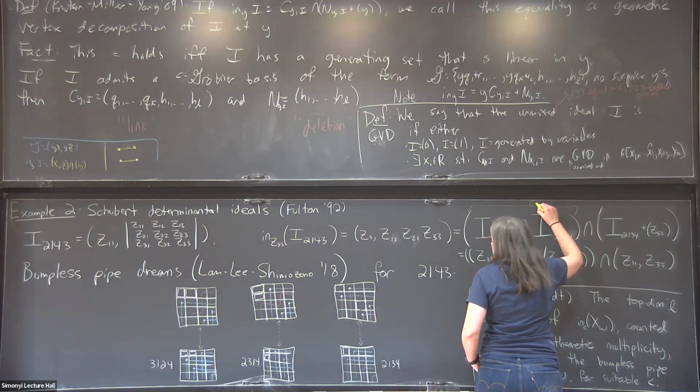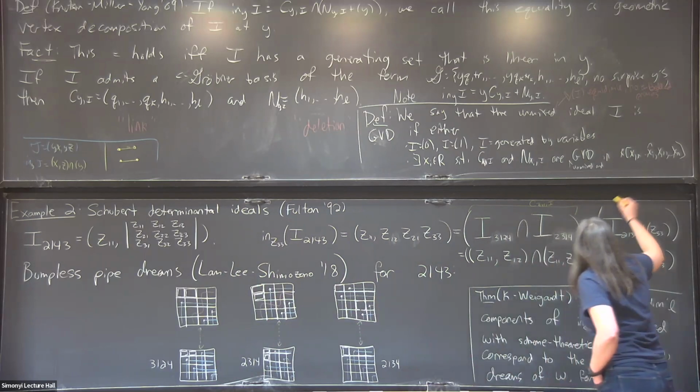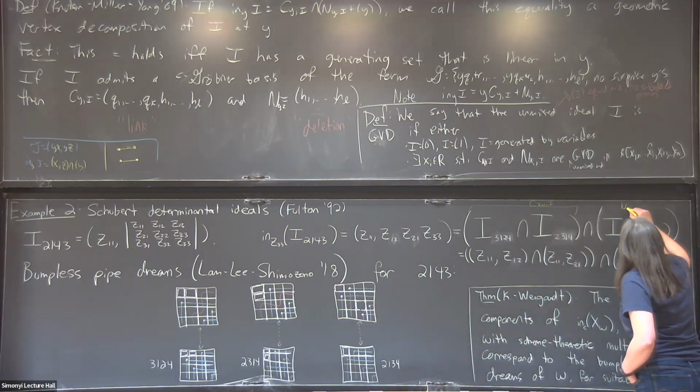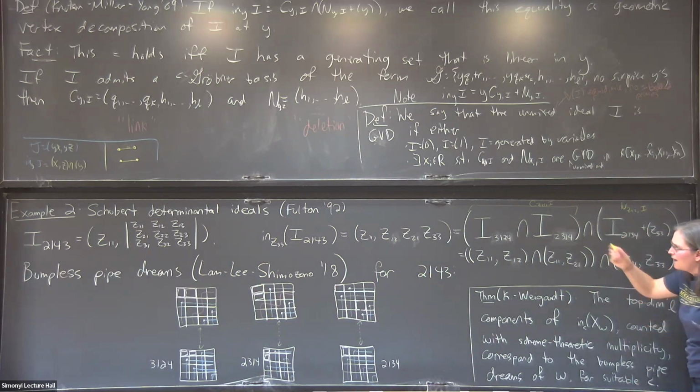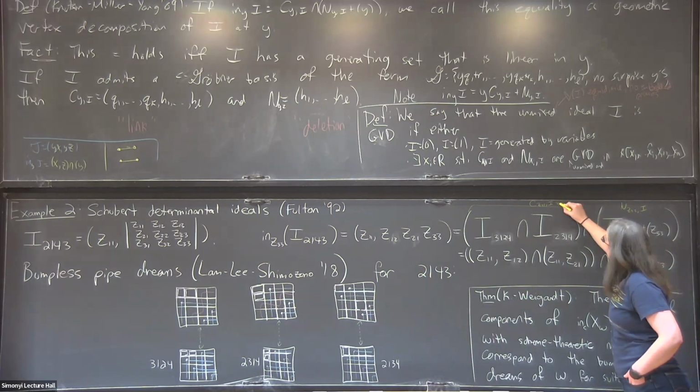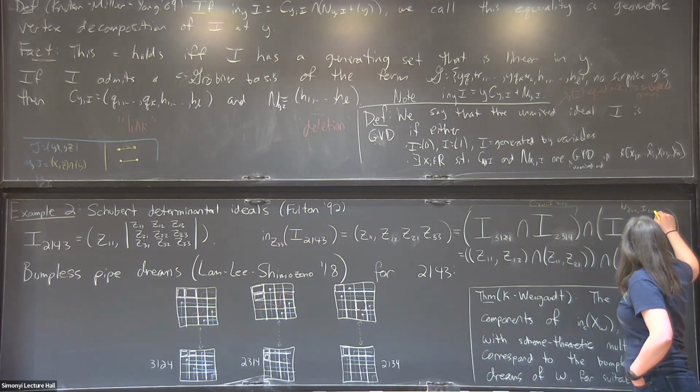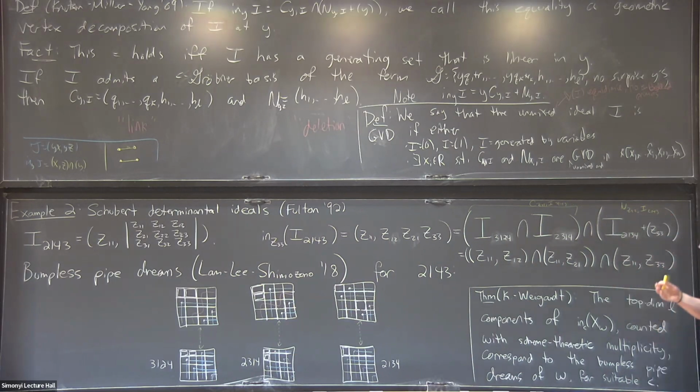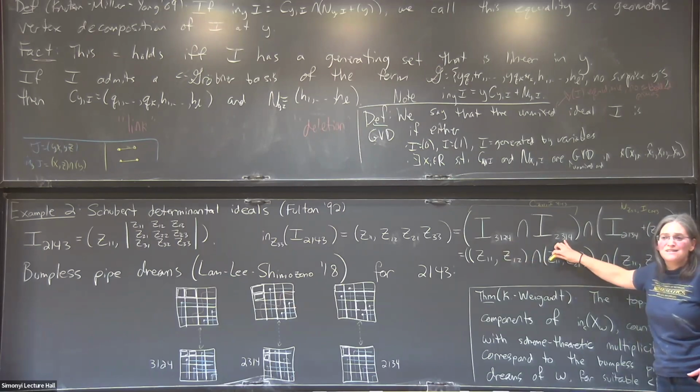So this is C33I, and this is NC33I. I is 2143. And here's how we're going to get these permutations.